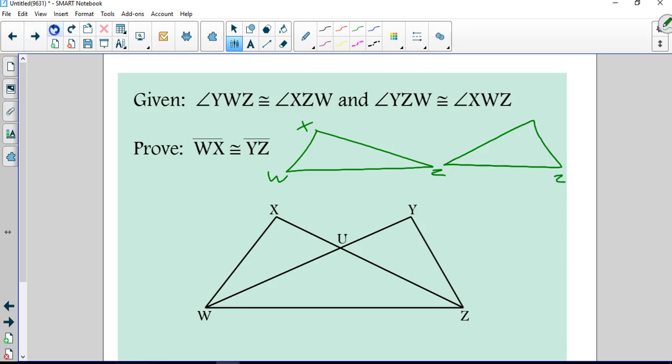Mean that. Z goes here. This is W. Y. So YWZ right here is congruent to XZW.